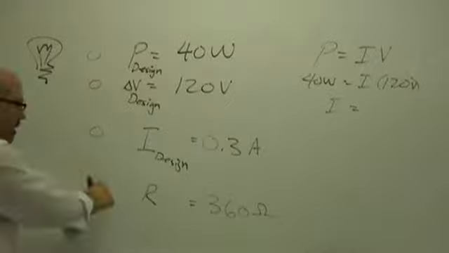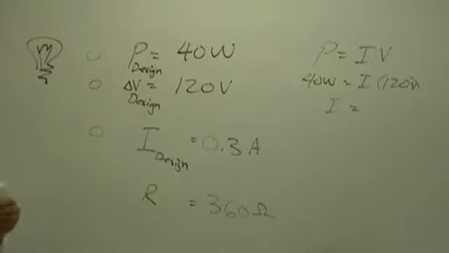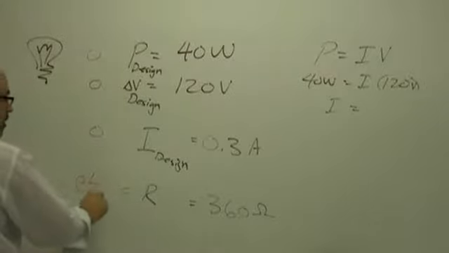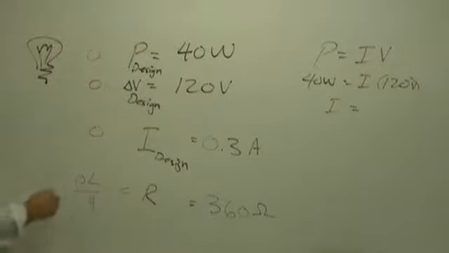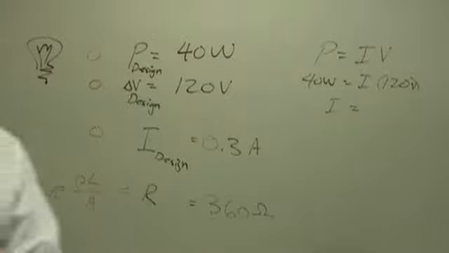And so is its resistance also 0? No. Why not? Because it's a resistance. Because the resistance equals rho L over cross-sectional area, which should be 360 ohms for us, right? Now this is a critical thing about bulbs.